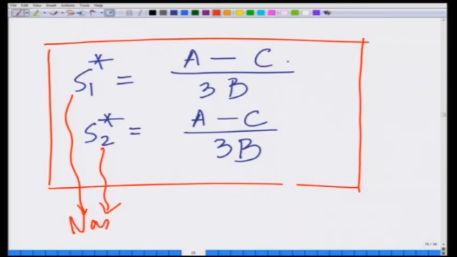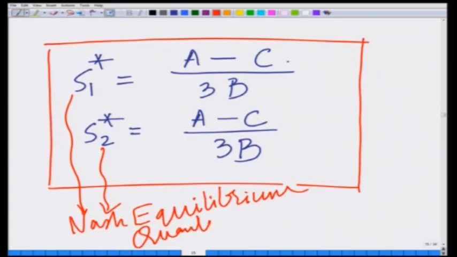Therefore, these are the Nash equilibrium quantities S1 star, S2 star.